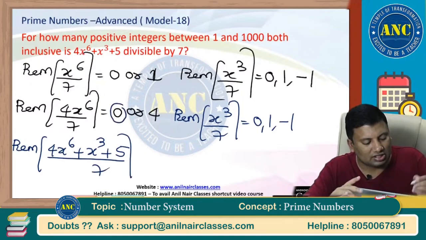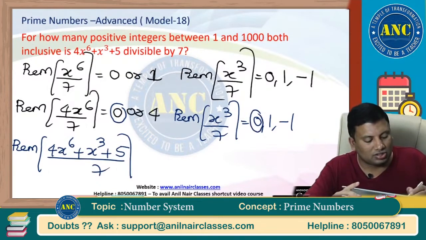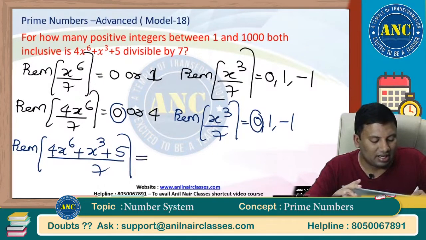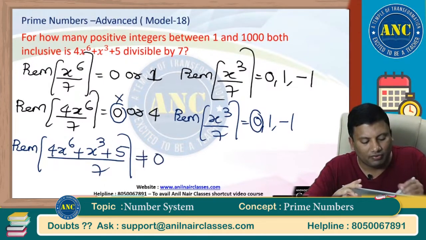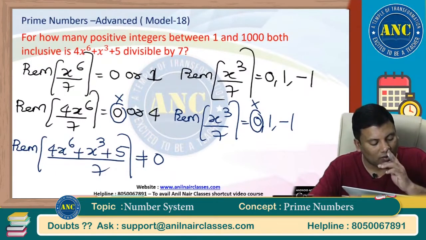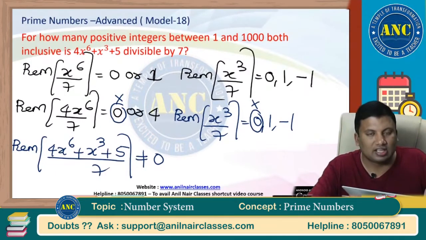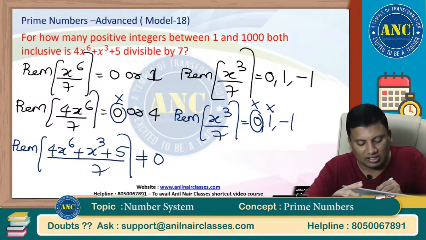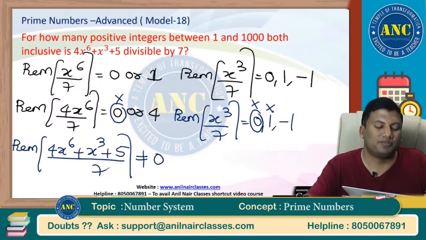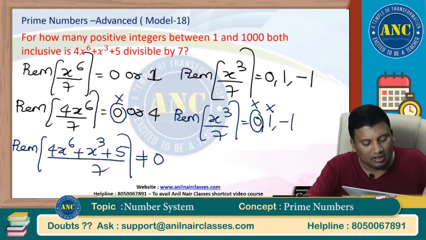First case: 0 plus 0 is 0, 0 plus 5 is 5. 5 divided by 7 is not equivalent to 0. This case is not possible. 0 plus 1 is 1, 1 plus 5 is 6. 6 is not divisible by 7. This case is out. 0 minus 1 is minus 1, minus 1 plus 5 is 4. 4 is not divisible by 7.